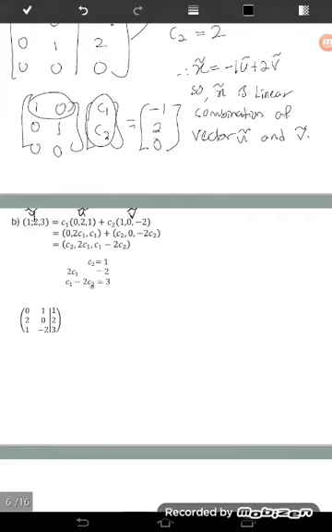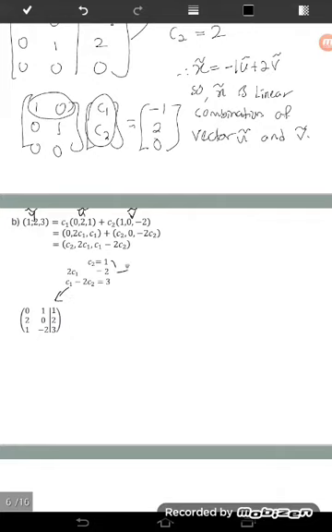So you will have this one, comparing both sides. So C2 is equal to 1, 2C1 is equal to 2, and C1 minus 2C2 is equal to 3. And then transform into the augmented matrix.